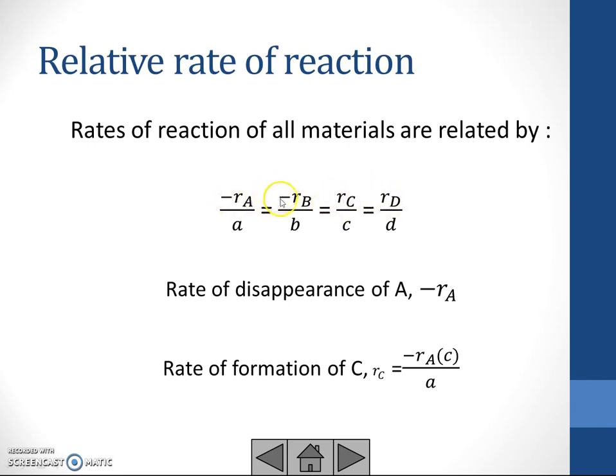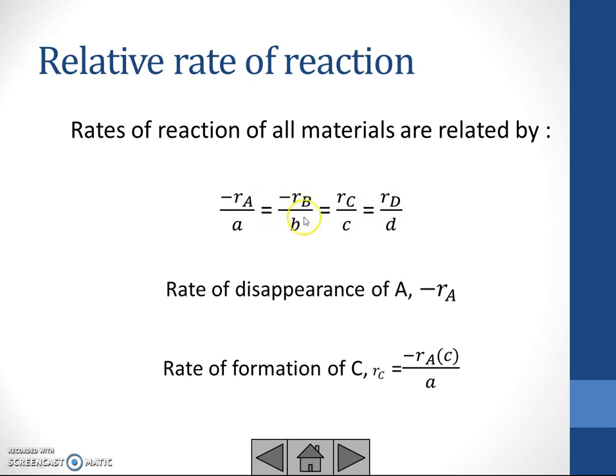Don't forget the negative sign here: negative rA over the stoichiometry of A, negative rB over how many moles of B are used, then C and D for the products. So this equals this equals this equals this.